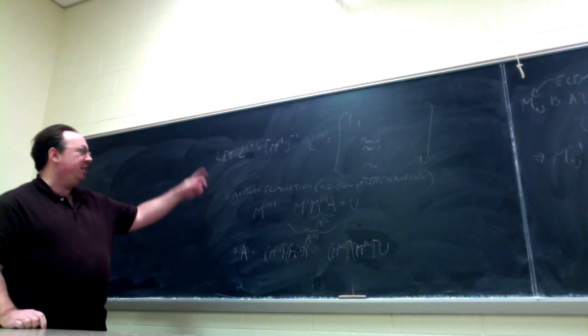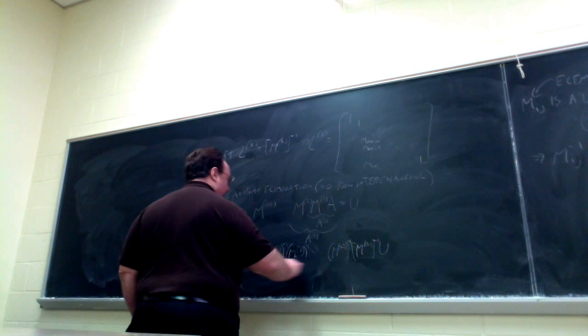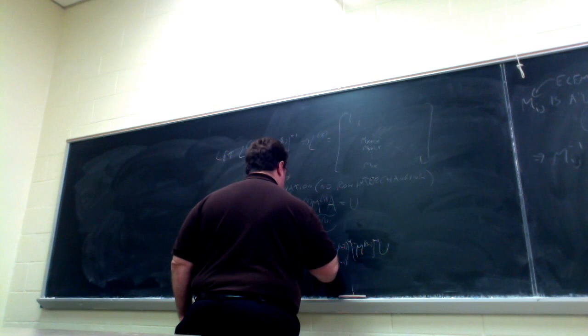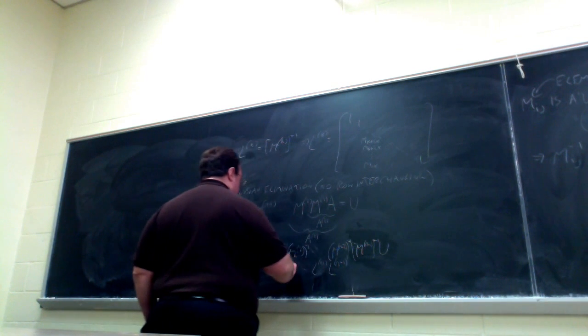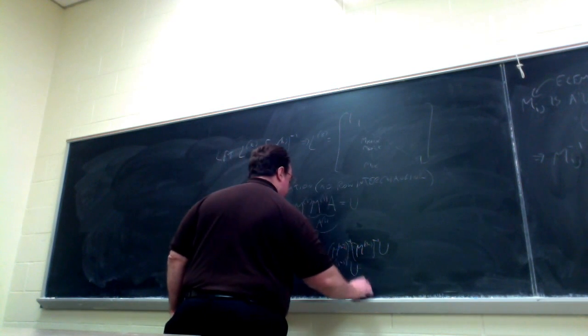But I've already defined what the inverses are. These are these L's. So I have L_{n-1}, L_{n-2}, going from right to left, L_2, L_1, times U.